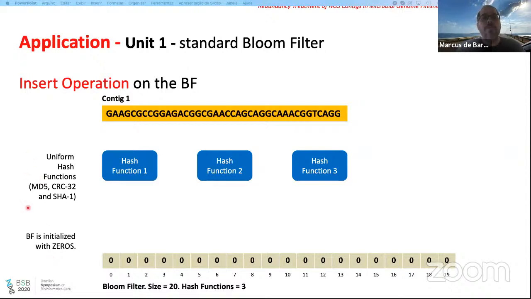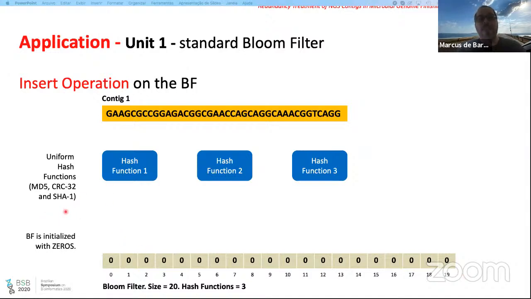We also have hash functions. In this case, it's a standard Bloom filter, so we use uniform hash functions. The uniform hash functions have the property of spreading the codes across the space we have. The space we have here is from 0 to 19, so the codes shall be generated in this range.